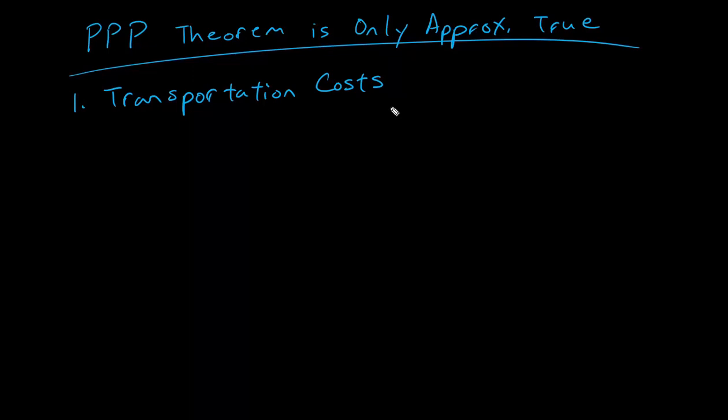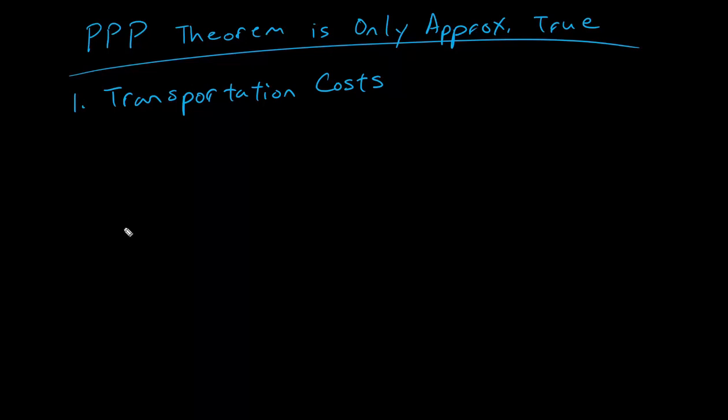If somebody is making a good in Vietnam, then the price of that good in Vietnam, even the real price when we're looking at it through real exchange rates, is probably lower than it is for somebody in, say, Spain, because it's going to have to be transported a lot farther to go to Spain.